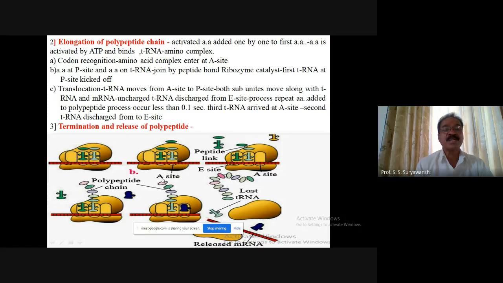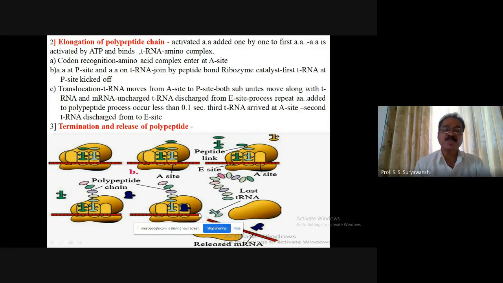So it is called a polypeptide chain, and afterwards the last step is termination and release of the polypeptide. So what happens here? At this stage, when the ribosome goes to the other end, the 3 end, it reaches the termination codon of the mRNA.